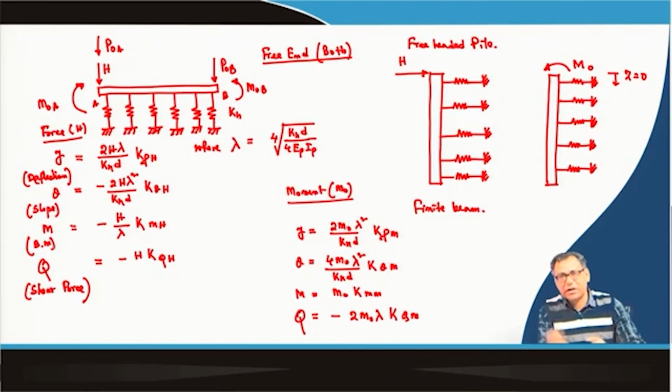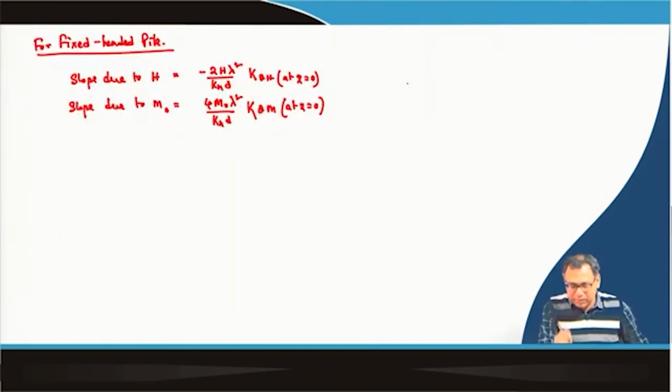If the direction of the load changes, the sign of the equation will also change. So we have to use these equations under these loading directions. Here the moment and H are acting in opposite directions, which is what makes the net slope 0, so we will take only the magnitude of the slopes.